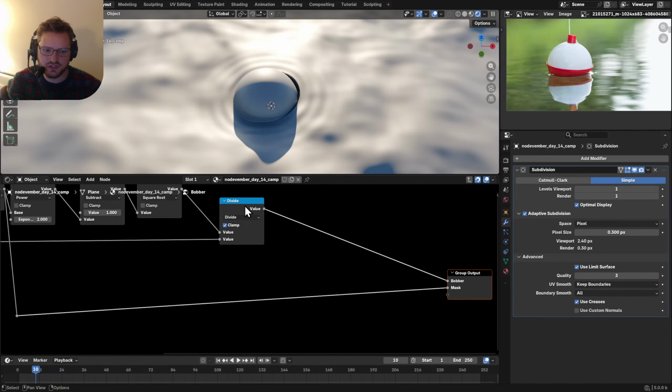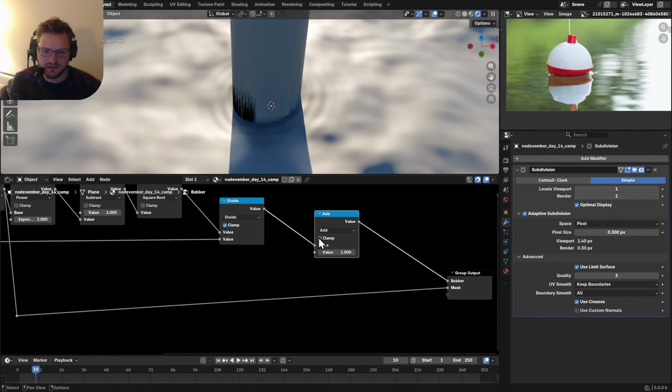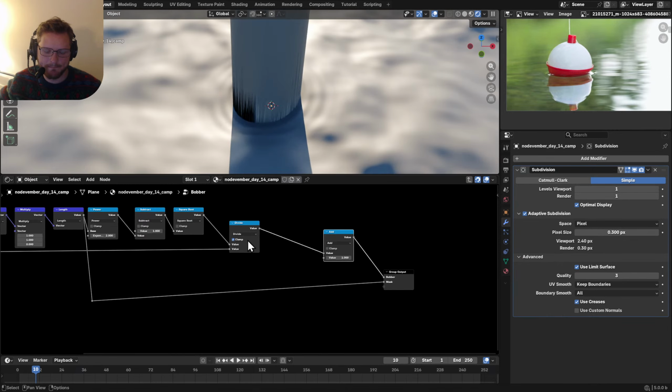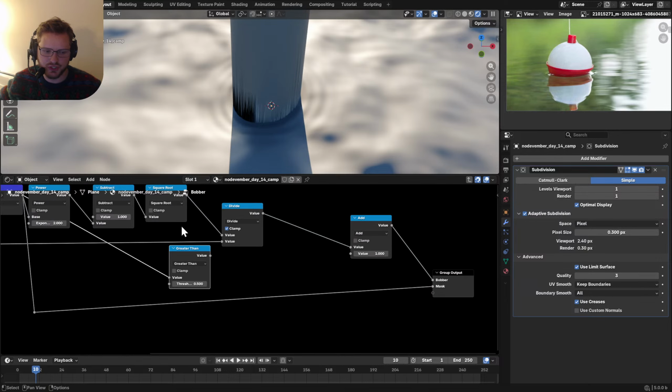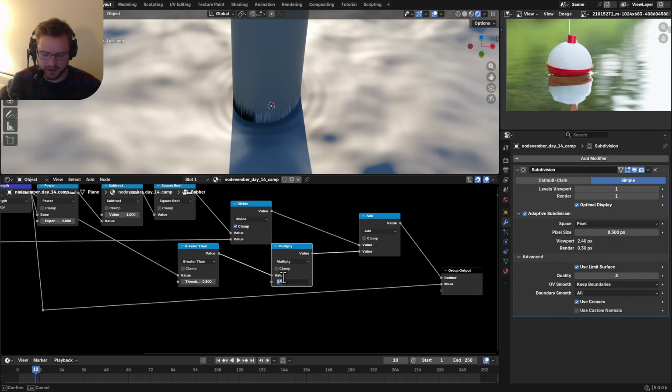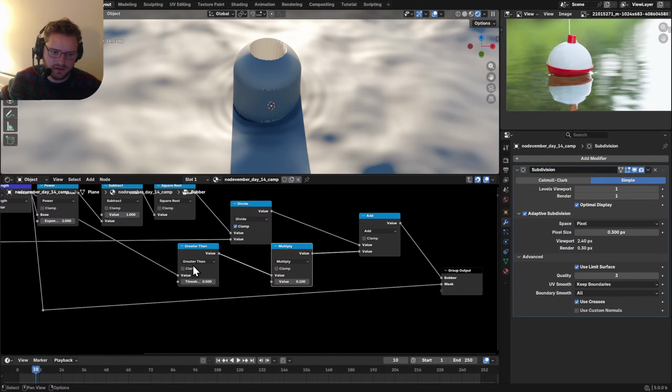So maybe let's do an addition where we add a contribution where this length, again, you want to do falloff, but just for visualizing, I'm going to use greater than. So where it's greater than whatever, I'm going to add a multiplication. Less than.